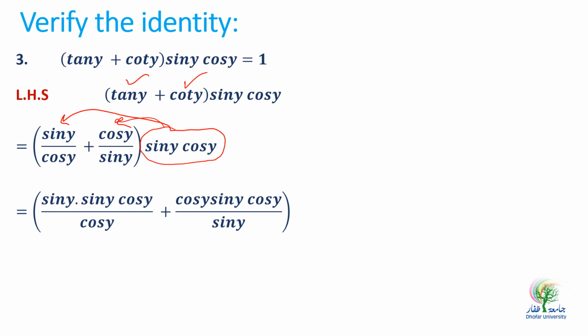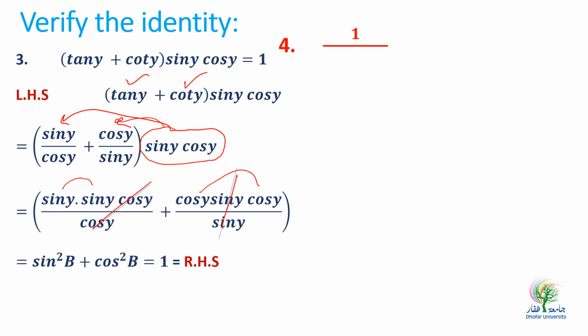So cosine y cancels, and sin y cancels. So sin y becomes sin square, and cosine y is cosine square. So sin square plus cosine square is 1 here.